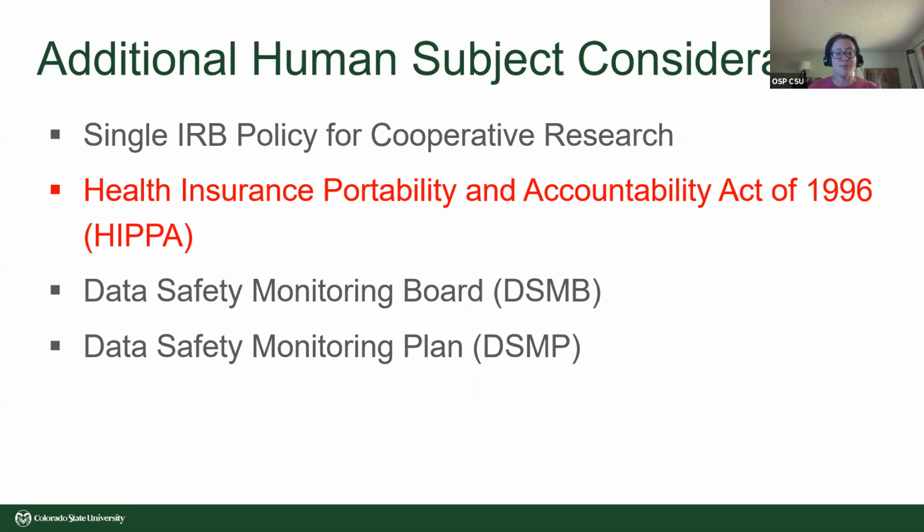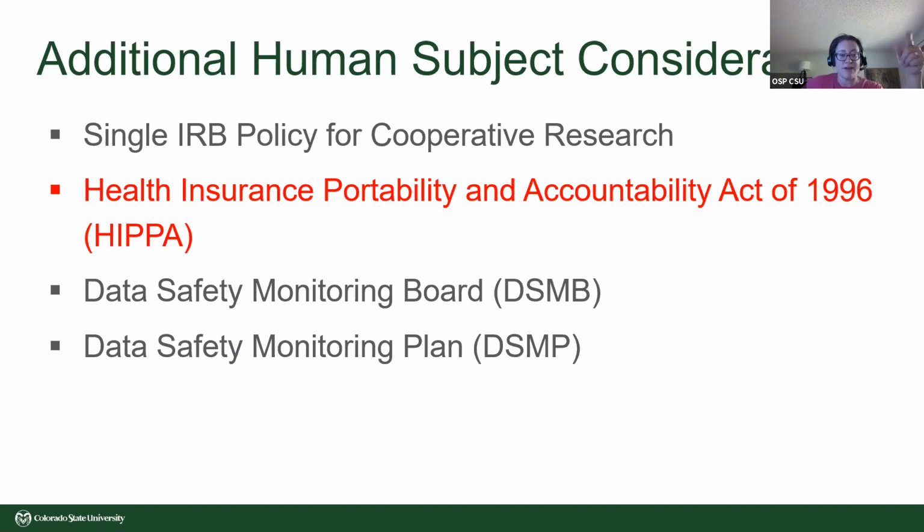Okay, as opposed to a data safety monitoring plan. The plan differs from the board in that the plan is developed by the PI and it is reviewed by the Institutional Review Board, or IRB. The plan outlines how the study progress is going to be monitored, and how the investigator plans to ensure the safety of the subjects and the confidentiality of their data.